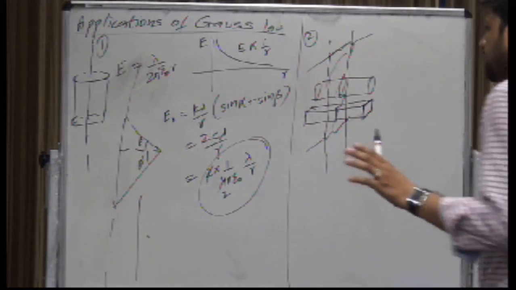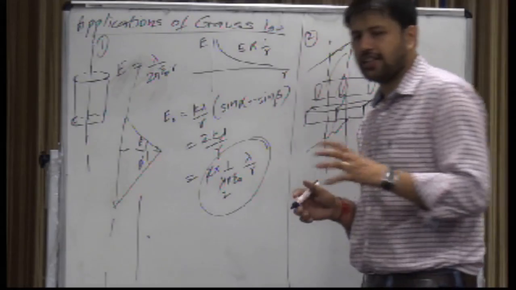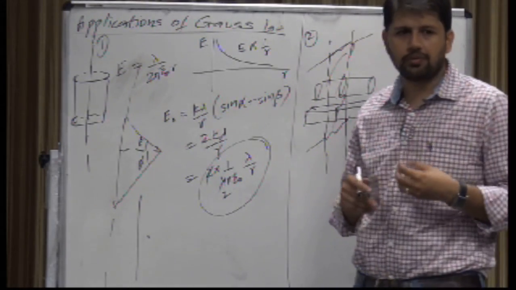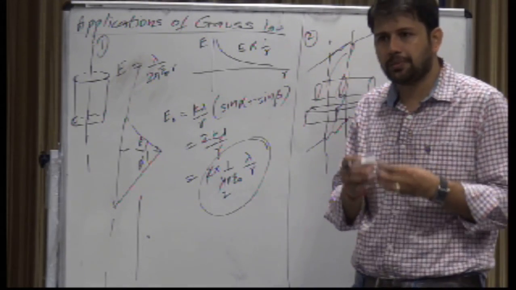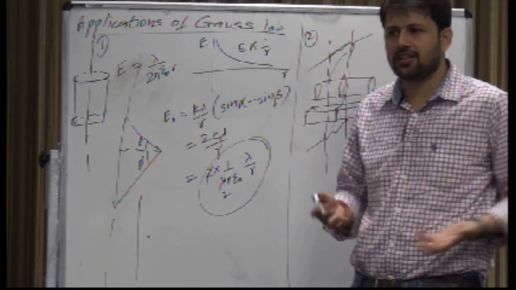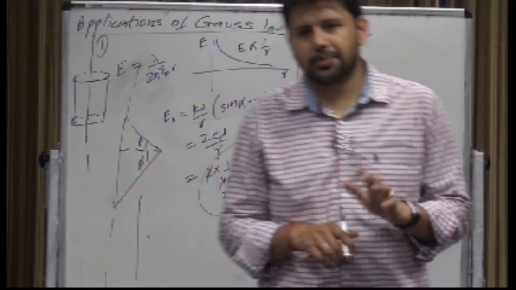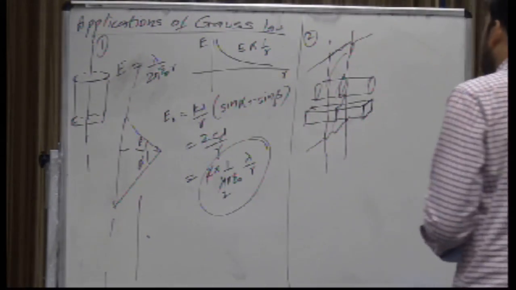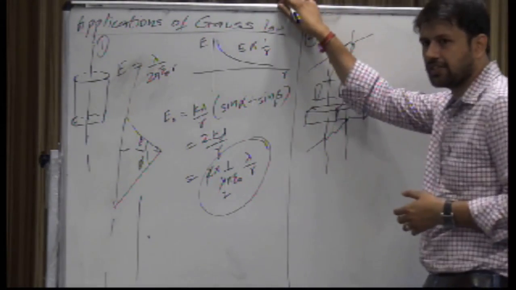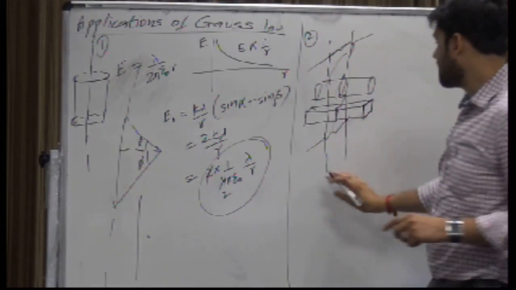Gauss law would still be valid for any surface, but we cannot use it. It's our limitation. So what we do is apply it for symmetrical surfaces. What do you mean by symmetry?